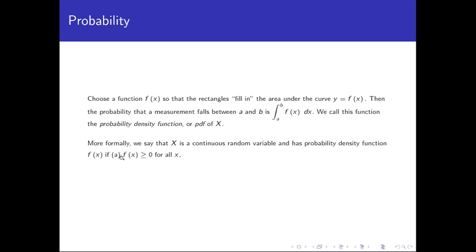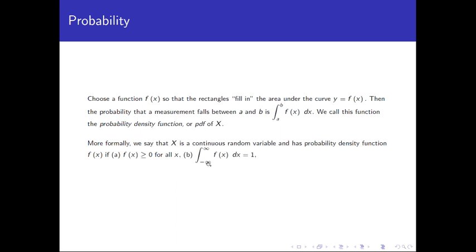The first one is that your density function cannot be negative. It always has to be greater than or equal to 0 no matter what you put in there. It could be equal to 0. You could have something that's an impossibility. For example, if you're measuring lengths of narwhal horns, those can't be negative. So if you wanted the probability that something is less than 0, that would be equal to 0, because you can't have a negative length of something.